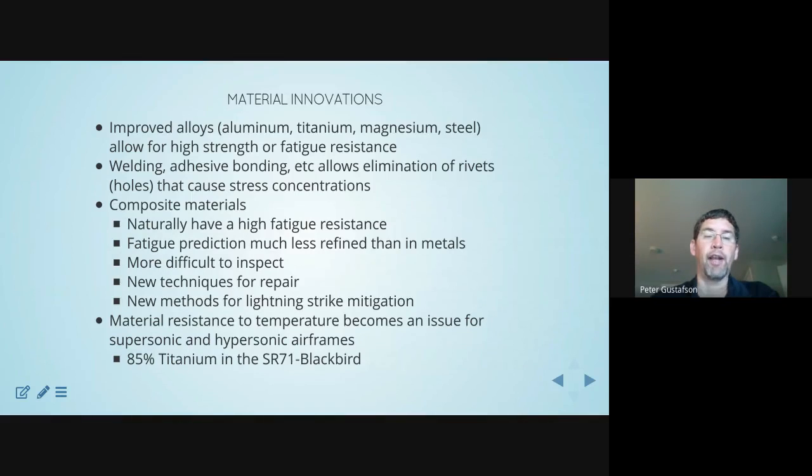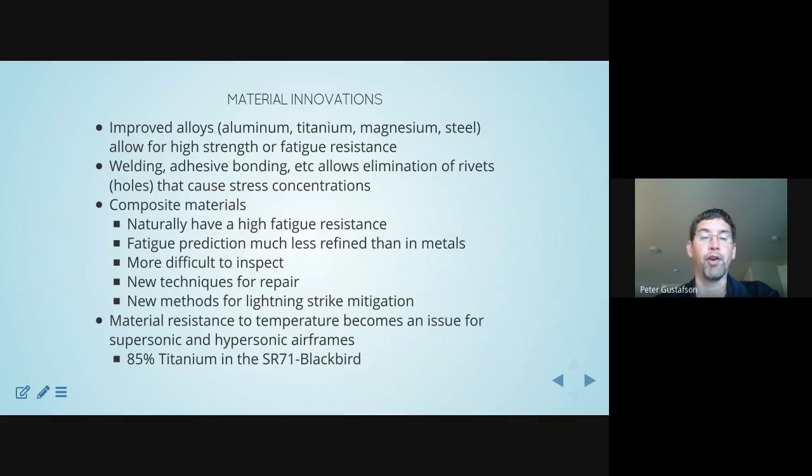However, unlike many of the engineered alloys that we use now, composite materials are not as easily predictable for their fatigue lives. So we've gotten pretty good at predicting the fatigue life at a certain load level in most metallic alloys that we use. However, we're less capable of doing that in composite materials.